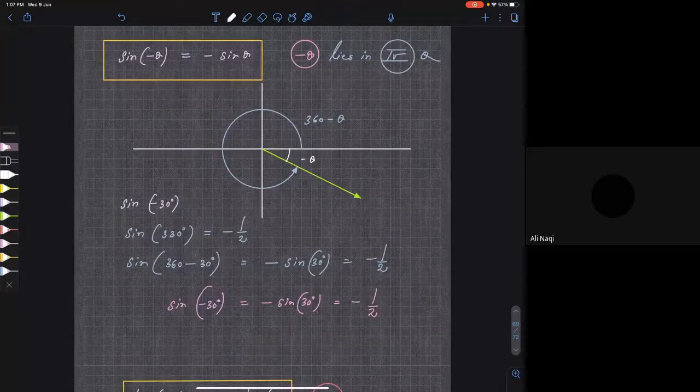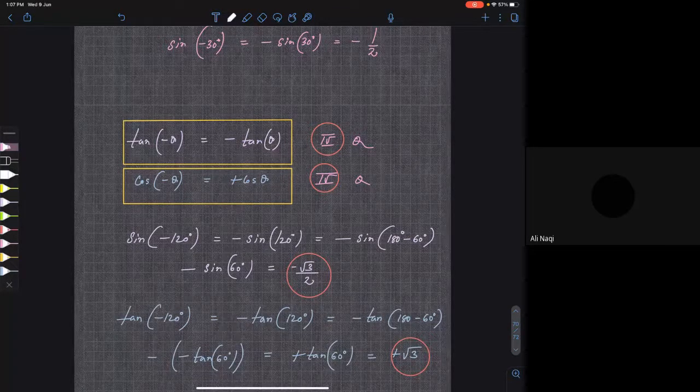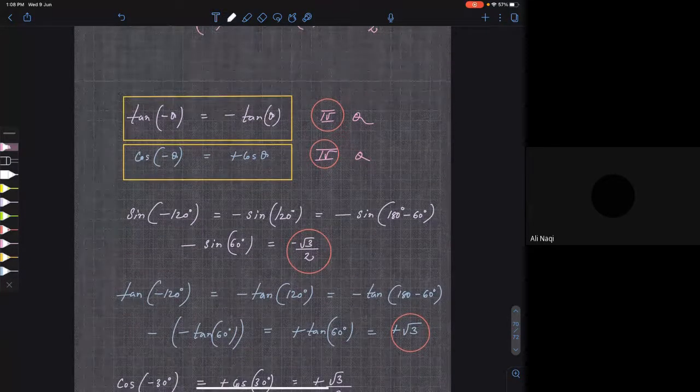It can lie in third quadrant also. For example, tan of minus 120: minus 120 lies in the third quadrant, right? That's why we got a positive value for tan. Are you getting my point?